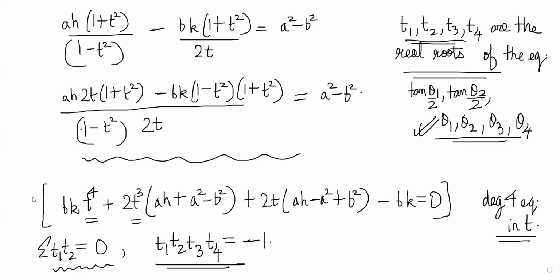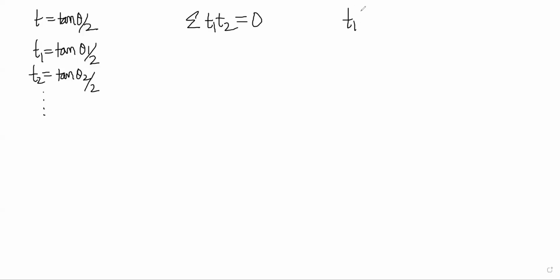So what we know is T is tan theta by 2. So that means T1 is tan theta 1 by 2, T2 is tan theta 2 by 2, and so on, right? And we know sum of T1, T2 terms is 0 and T1, T2, T3, T4 is equal to minus 1.